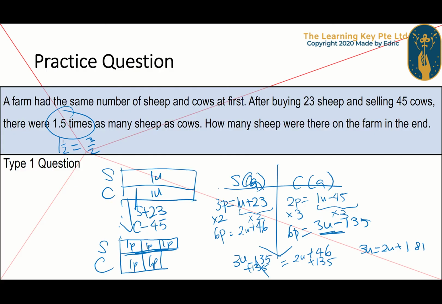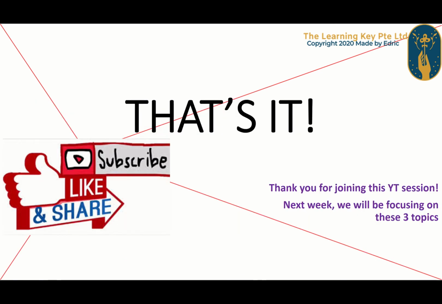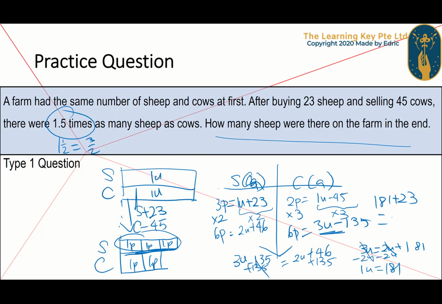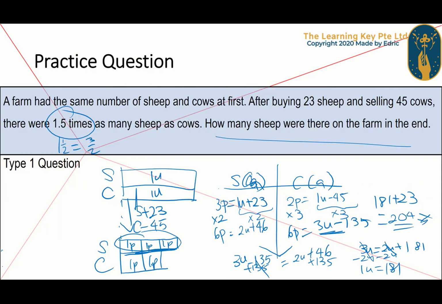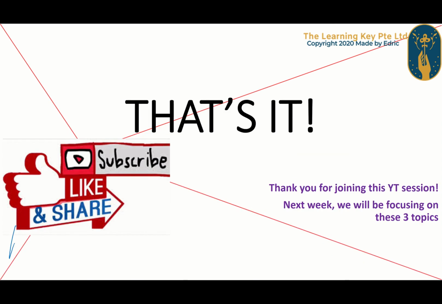Minus 2 units, minus 2 units, 1 unit equals 181. So how many sheep were there on the farm in the end? 181 plus 23, which is 204. So your answer should be 204. That's how you do it.